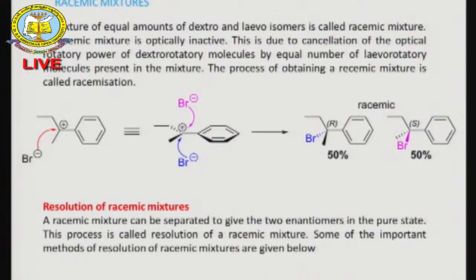Generally this racemic mixture can be separated by various methods, because the racemic mixture is not an optically active compound, and it is not useful for some reactions. So we can separate these isomers individually using some methods.